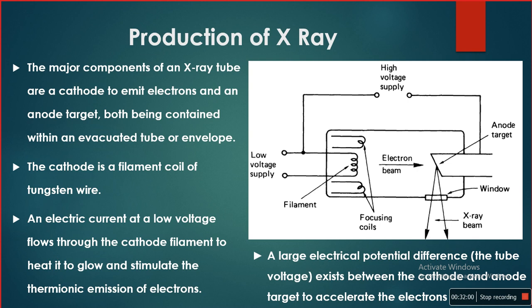As we already mentioned, the two components, the anode and cathode, are placed in an evacuated tube. So it is a vacuum, that is, a negative pressure inside the tube. So atmospheric pressure is ultimately greater than the inside pressure.